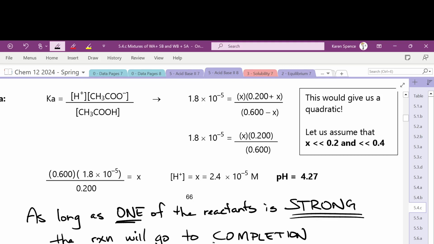If both of them are weak, that's the only time you will end up with an equilibrium. And like I said, we're not going to be seeing those very often because it gets really complicated.